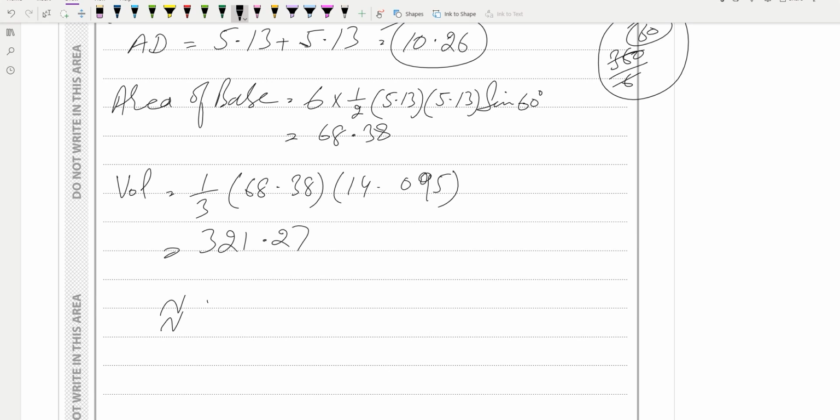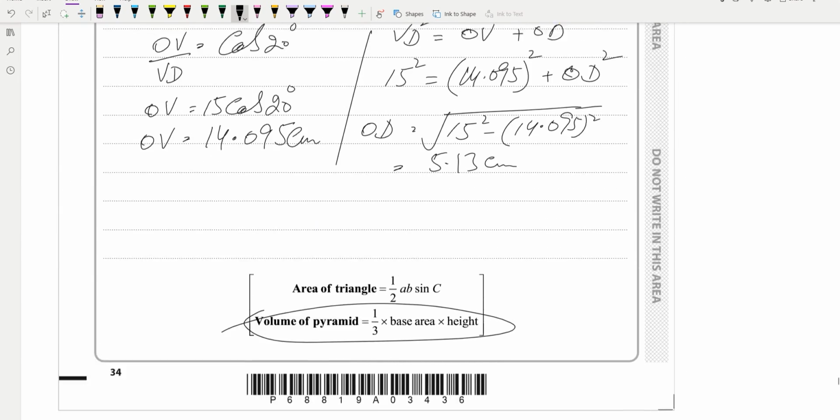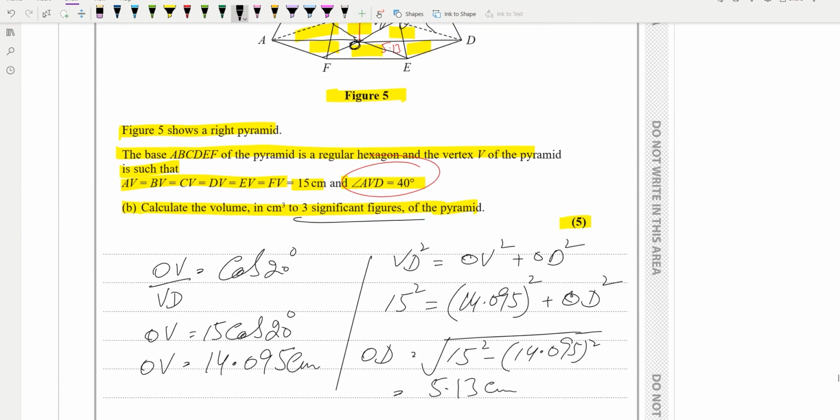We can give the rounded answer, so 321 will be the answer, up to three significant figures as they were looking for.